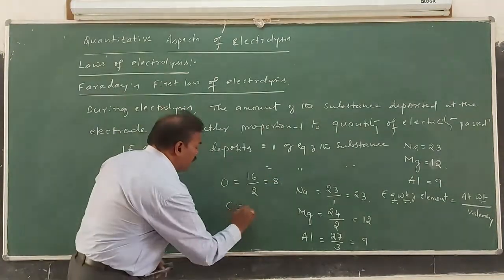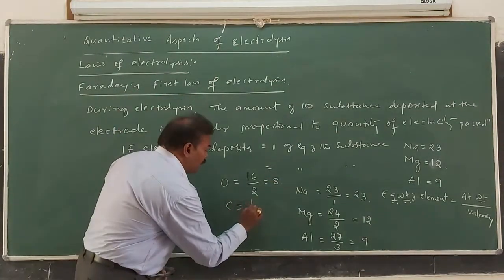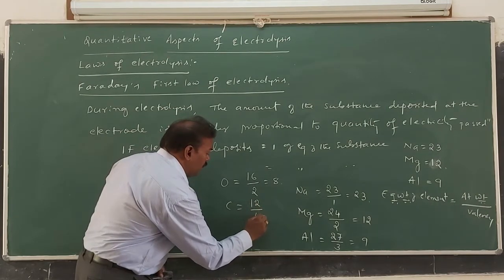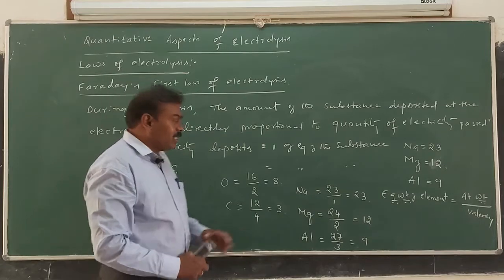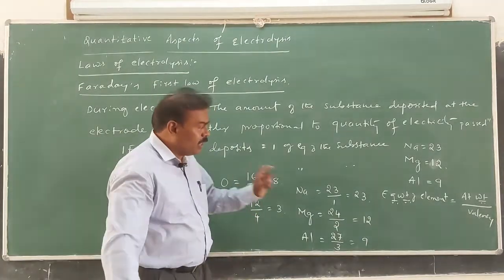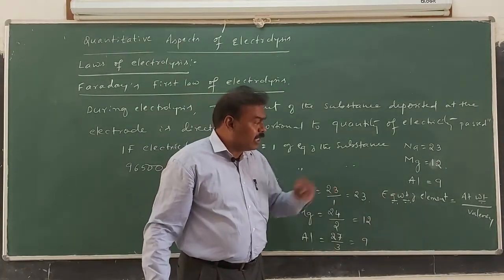Equivalent weight of carbon: atomic weight is 12 gram, valency is 4, so the equivalent weight is 3 gram. These are the relations between equivalent weight and atomic weight.